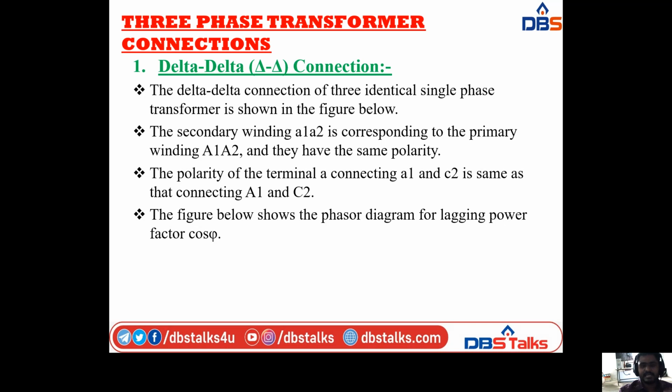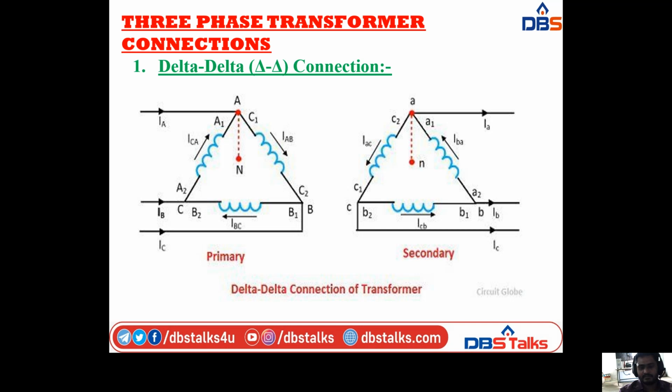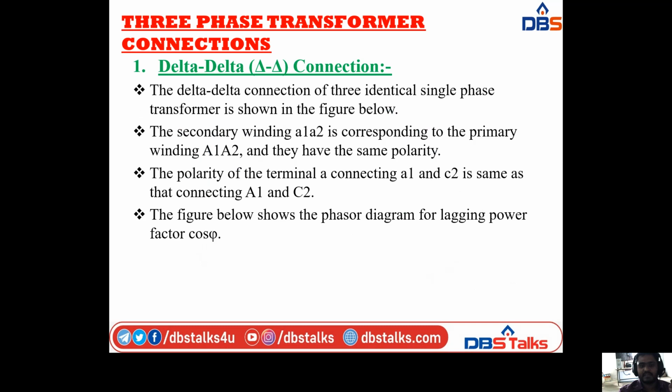In this diagram, the secondary winding terminals small a1 and small a2 correspond to the primary winding terminals A1 and A2, and they have the same polarity.